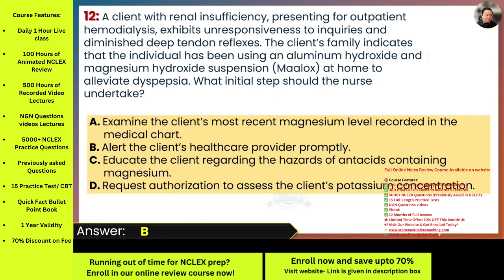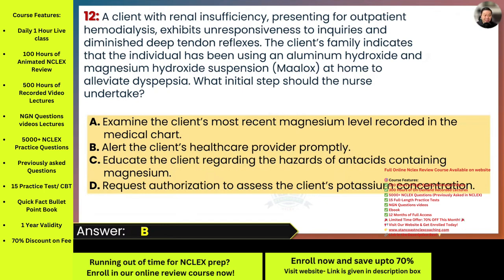Now, what about letters A, C, and D? Examine the client's most recent magnesium level recorded in the medical chart. We know that this is important, right? But the priority for this patient is safety. If you're going to delay notification this time, this could waste valuable time.